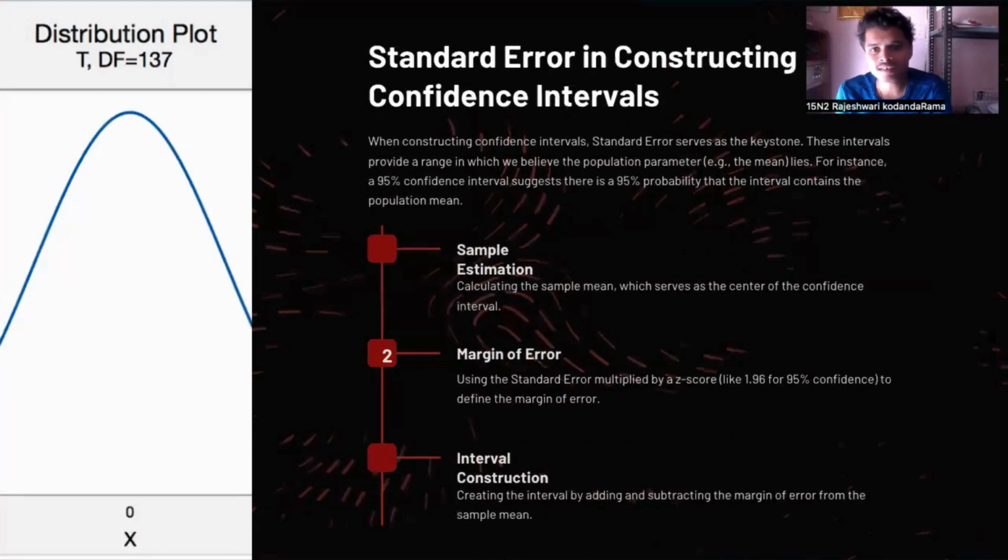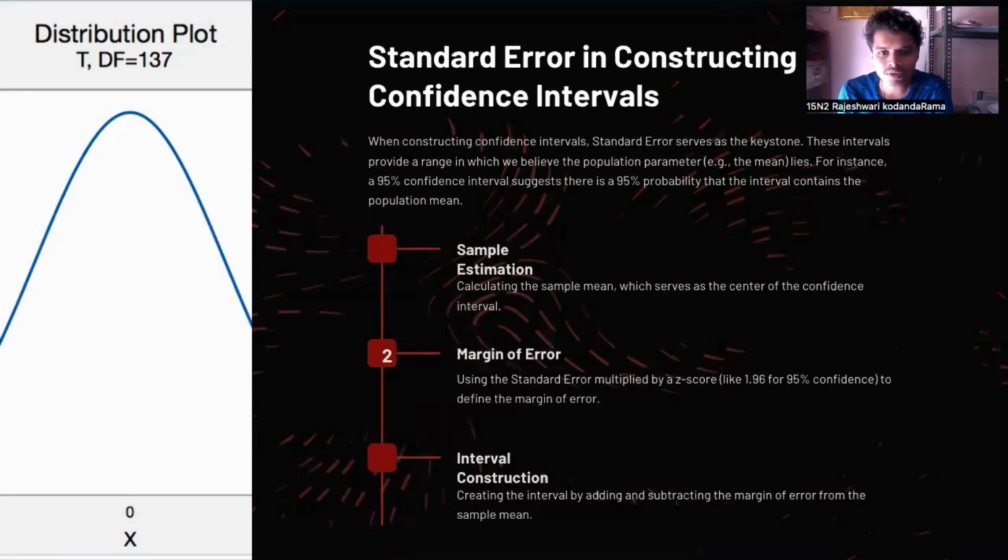And standard error in constructing confidence intervals. When constructing confidence intervals, standard error serves as a keystone. These intervals provide a range in which we believe the population parameter, for example the mean, lies. For instance, a 95% confidence interval suggests that there is a 95% probability that the interval contains the population mean.